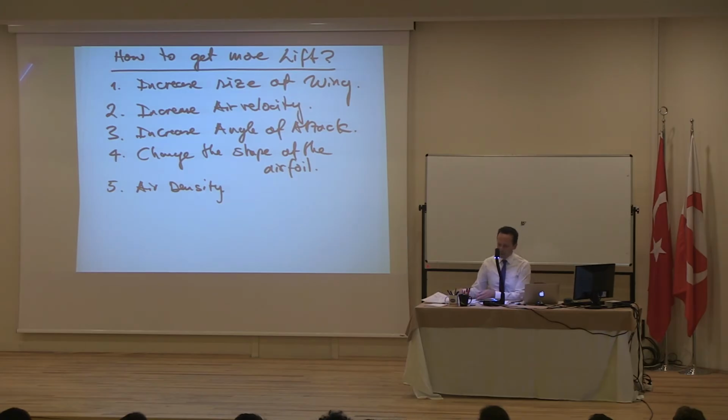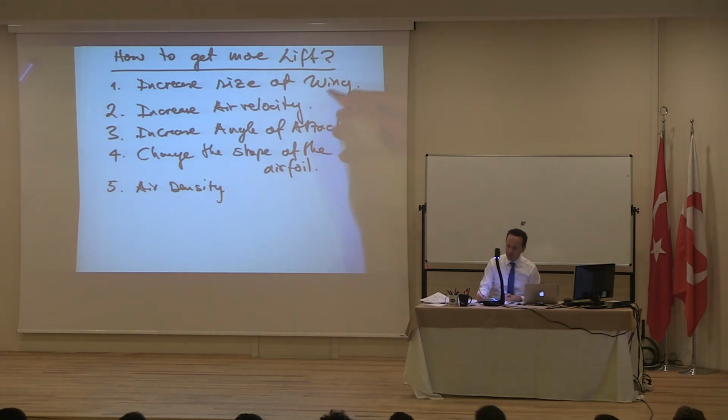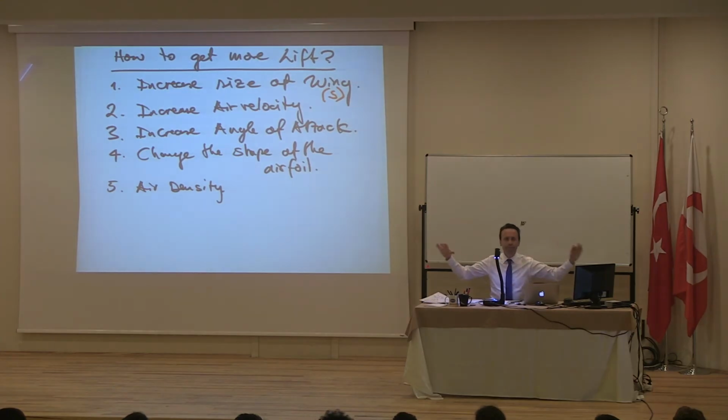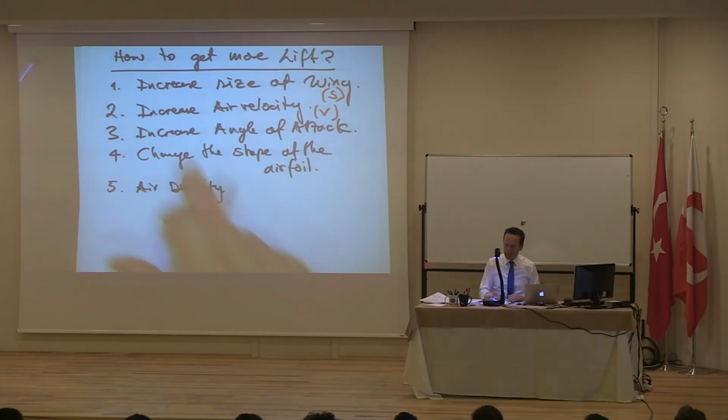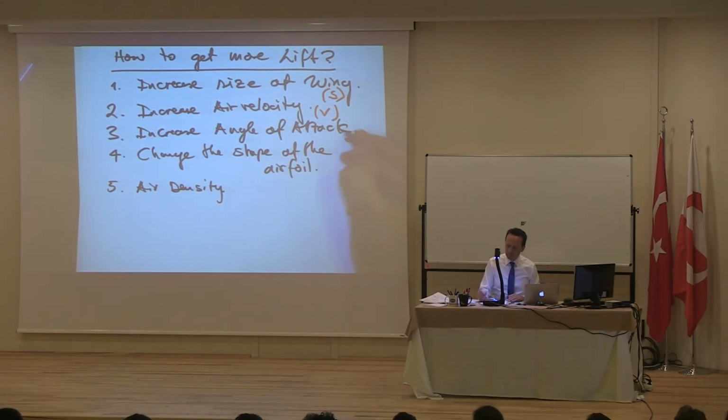Now, believe it or not, this is how we write the lift formula. The size of the wing, call it S, the surface area of the wing. Air velocity, call it V. Angle of attack, call it alpha.